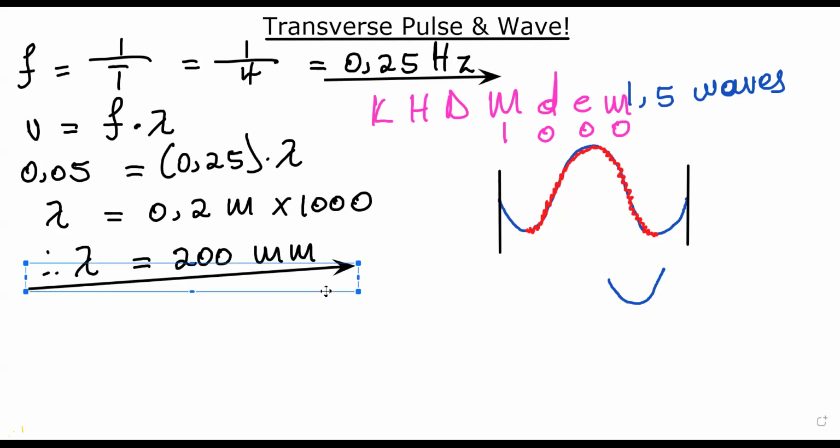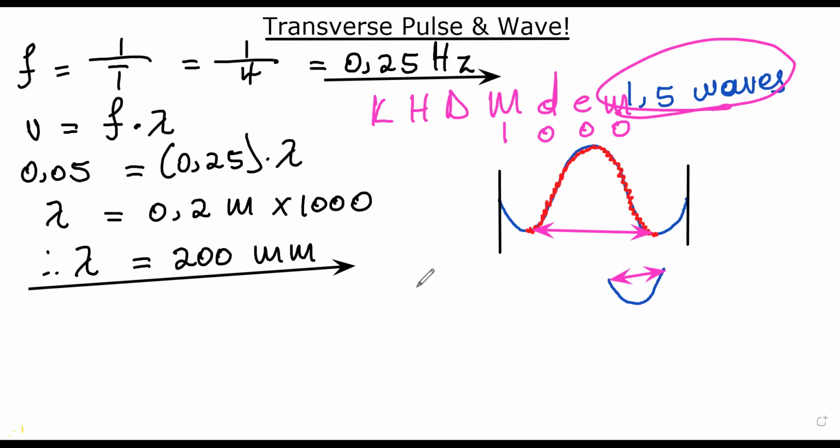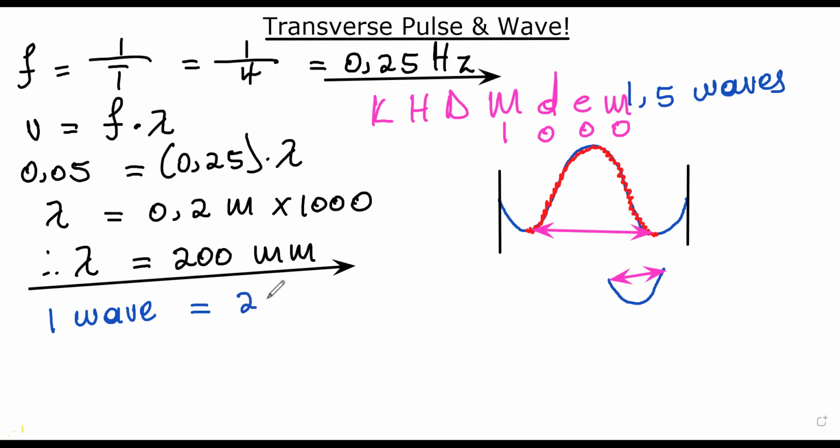Now, what you found here is the wavelength of one wave. In other words, it's the distance from here to there. All right. So now it's time for us to find the distance of the total number of waves, which is 1.5. So one wave has a wavelength of 200 millimeters.